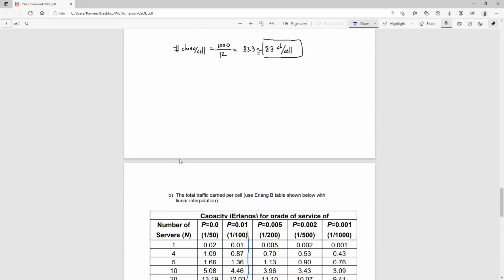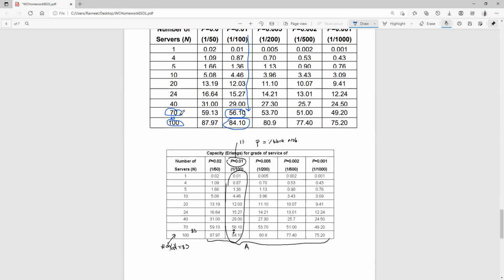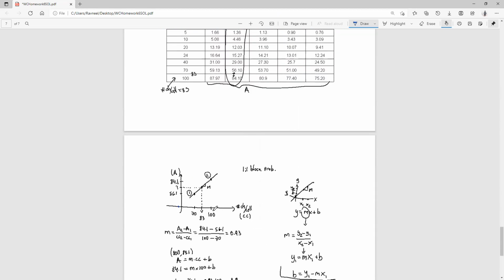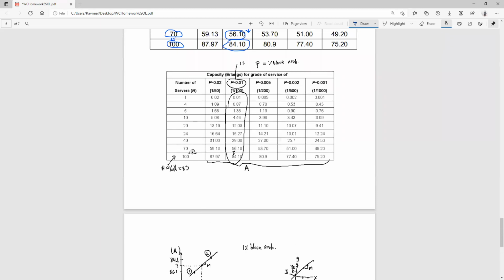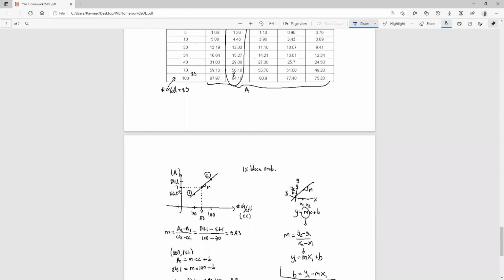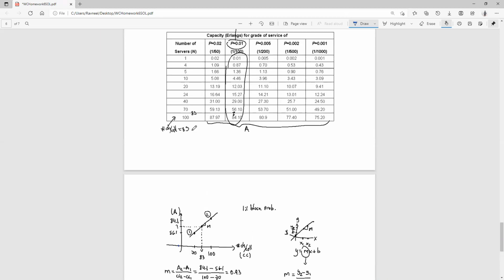If we plot these values, at 70 channels per cell, we have a capacity of 56.1. At 100 channels per cell, we have a capacity of 84.1. So we have to interpolate these 2 points so that we can find the value for 83.